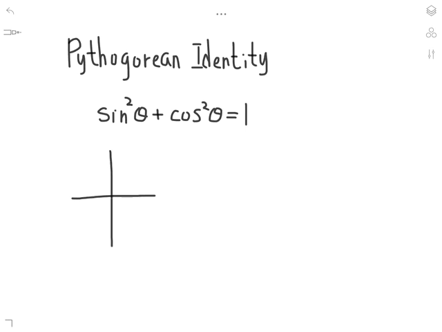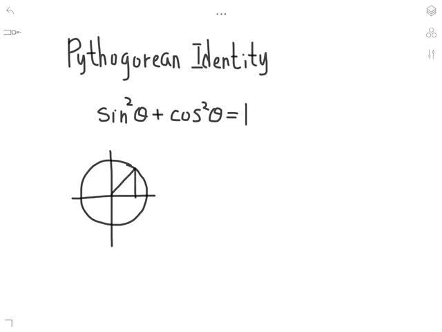And that is sine squared theta plus cosine squared theta equals 1. If you think about the unit circle, it does make sense. Sine squared theta plus cosine squared theta is inside the unit circle.